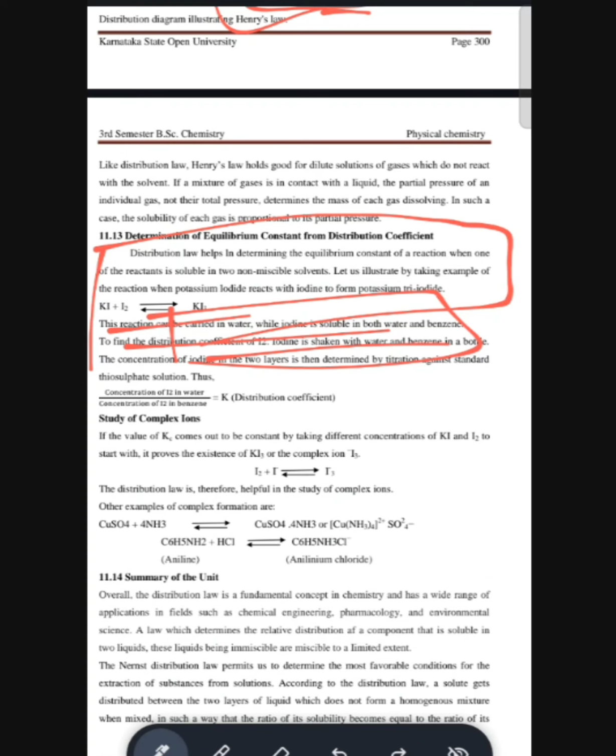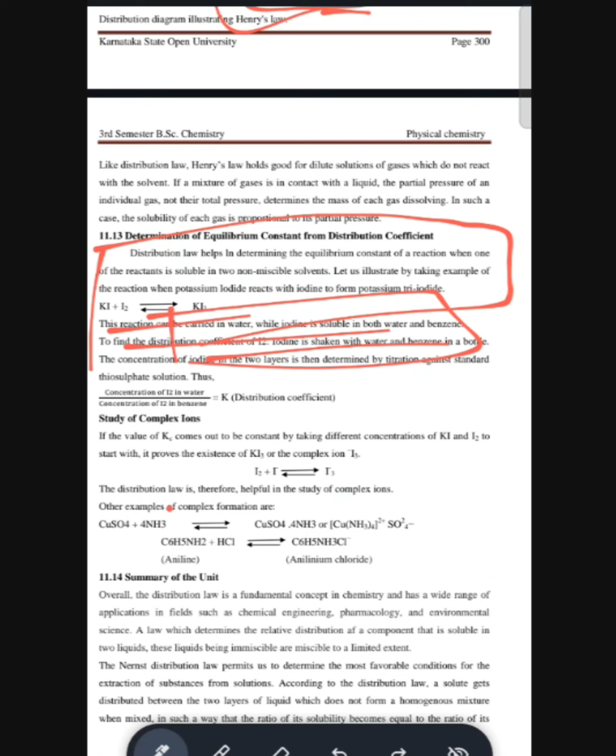Then we check the concentration of both solvent A and solvent B. We check how much iodine has dissolved in solvent A and in solvent B, to see whether it is equally distributed or not.